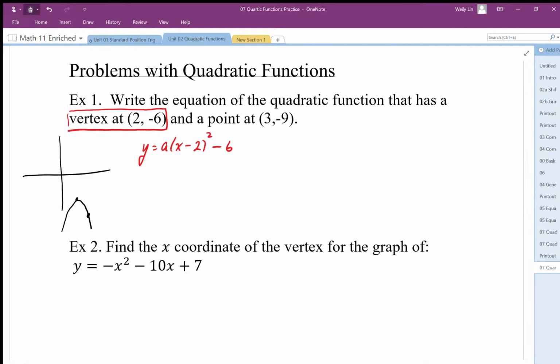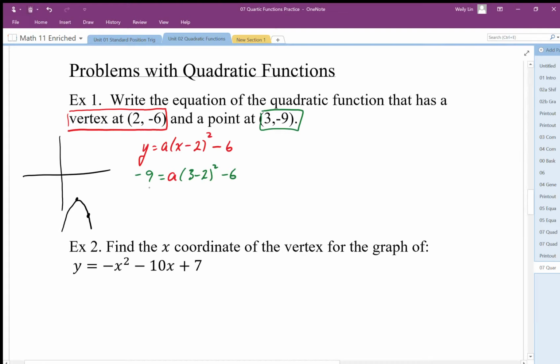So we need a new piece of information here, and that's going to be this coordinate. So I'm going to substitute that coordinate into my equation. And the only variable left when I do that is a. And I can algebraically solve for a.